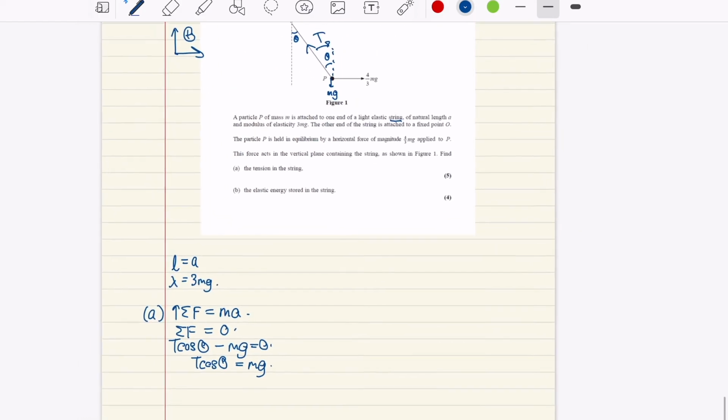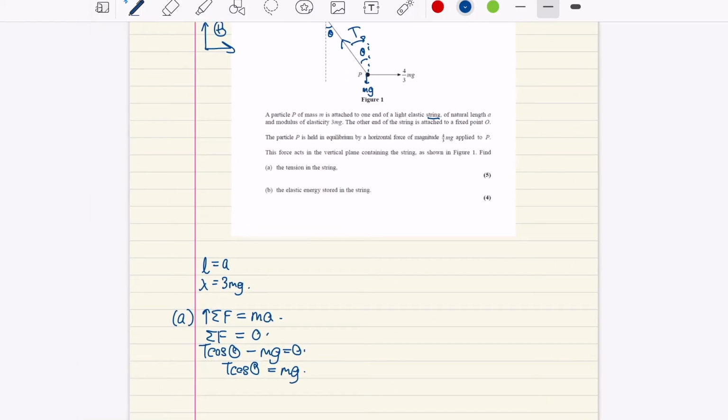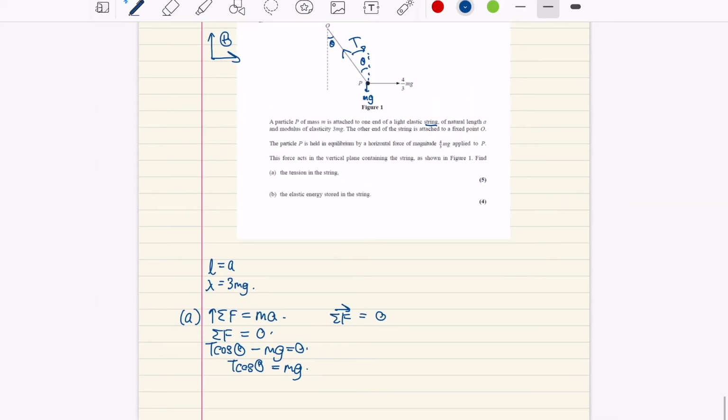Okay, next we can try to solve the x-axis, and it equals 0 since there's no acceleration. So 4 over 3 mg minus T sine theta equals 0.